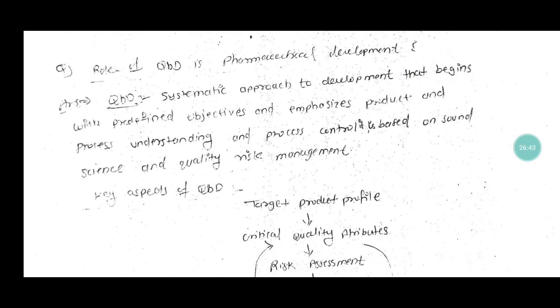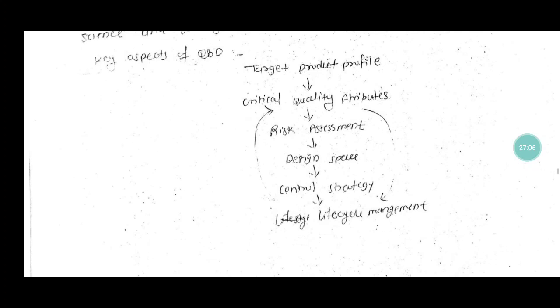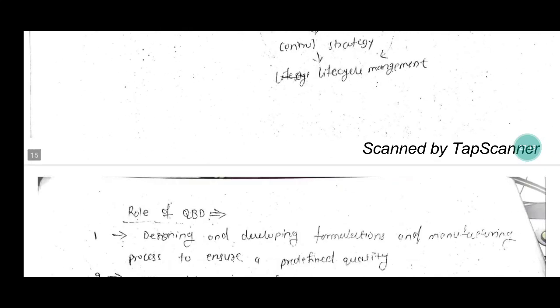And the next question, that is the role of QBD in pharmaceutical development. It is a systematic approach to development that begins with predefined objectives and emphasizes product and process understanding and process control. It is based on sound science and quality risk management. The key aspects of QBD are the target product profile, critical quality attributes, risk assessment, design space, control strategy and life cycle management.